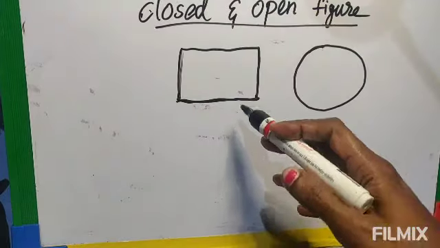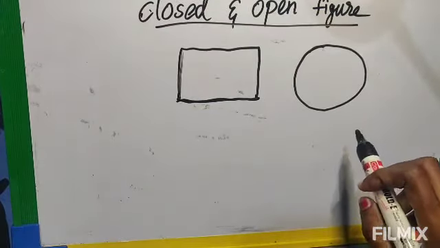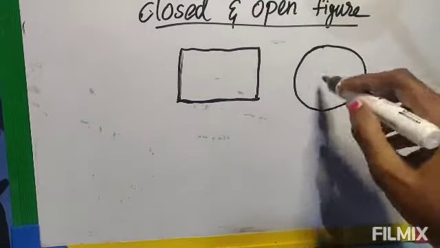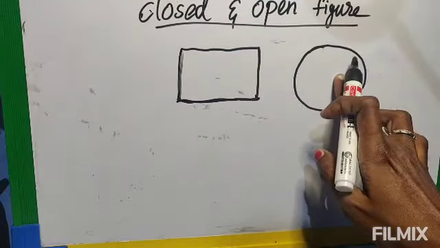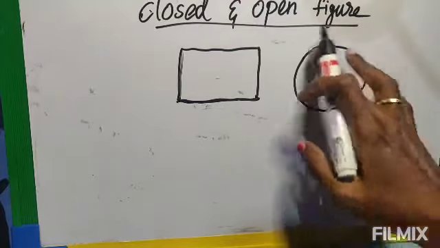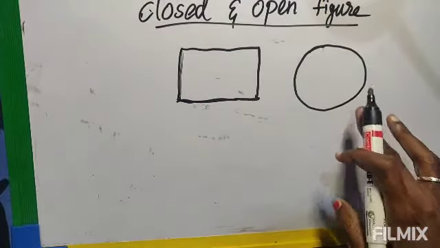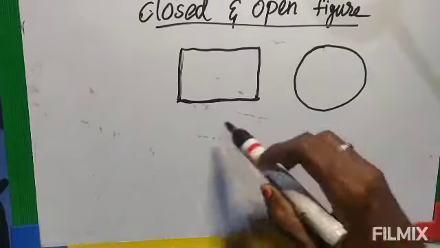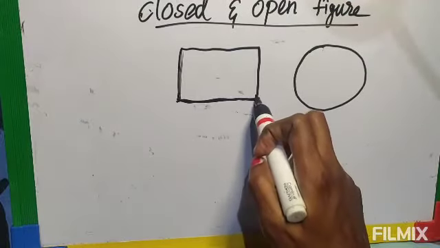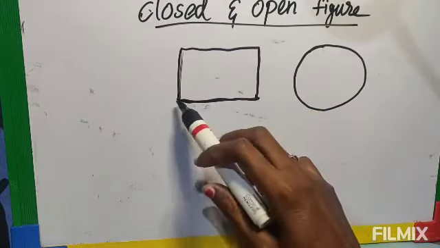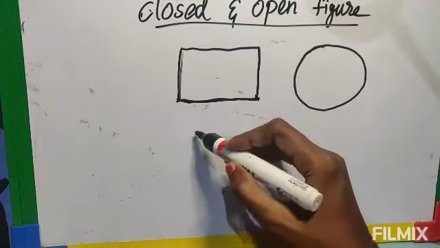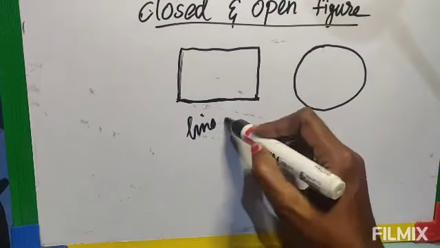See, I have drawn a rectangle and I have drawn a circle. You see here it is curved, no? It is not a line segment. We cannot call it a line segment. It is a curved figure. It has no vertex, no corner, no sides, nothing. But this one is made up of line segments. It is not a curved figure, but it is made up of line segments.